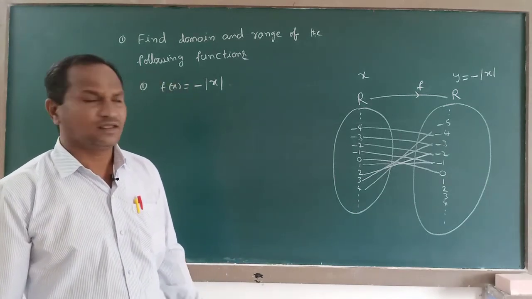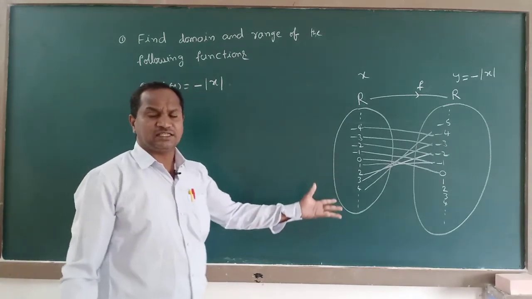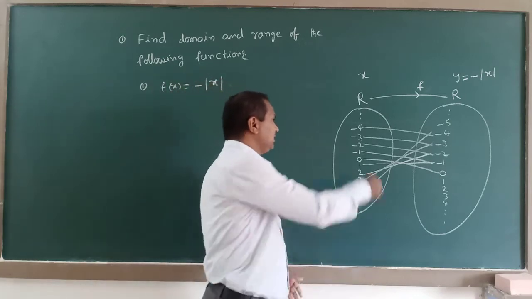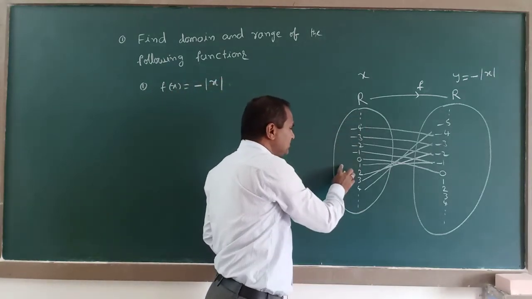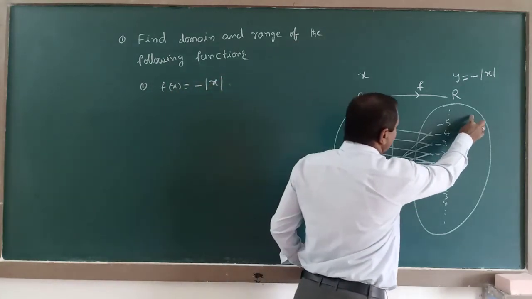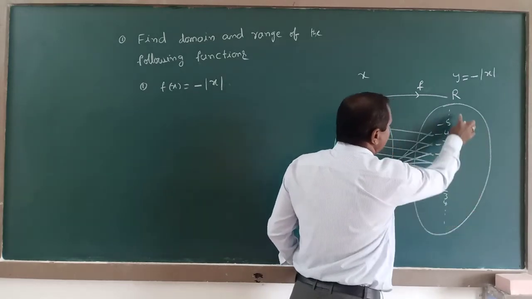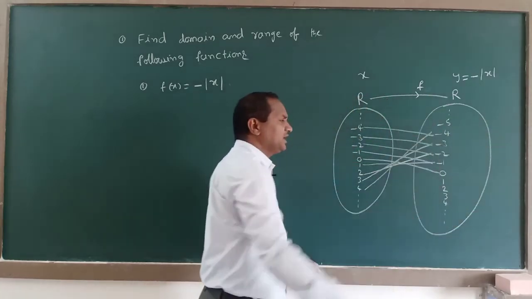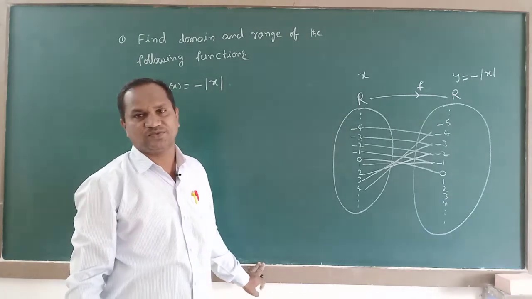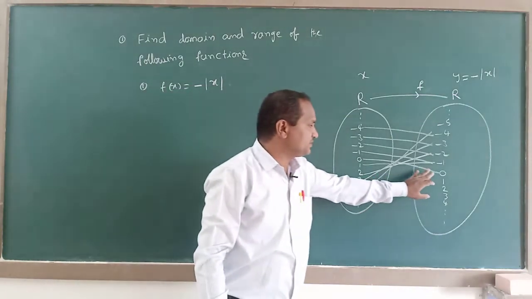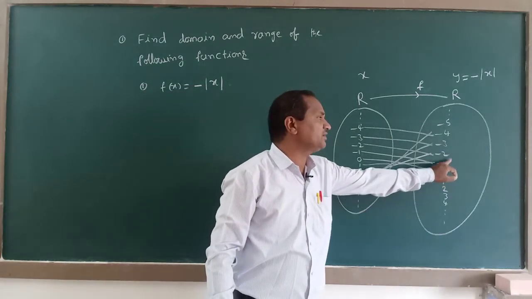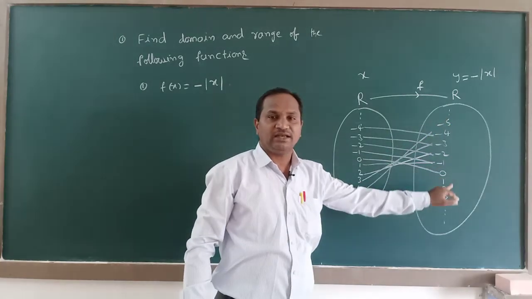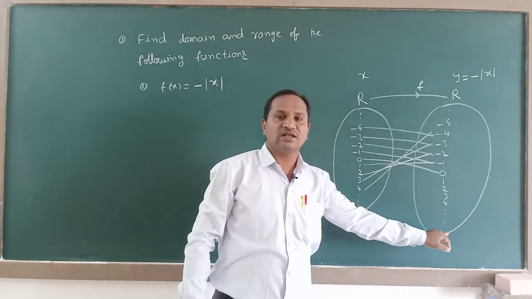By seeing the diagrammatic representation, we can easily tell the domain is the set of all real numbers, the codomain is the set of all real numbers, but the range is the set of all negative real numbers and 0. Because we are getting images 0 and negative real numbers, but we are not getting positive real numbers as images.